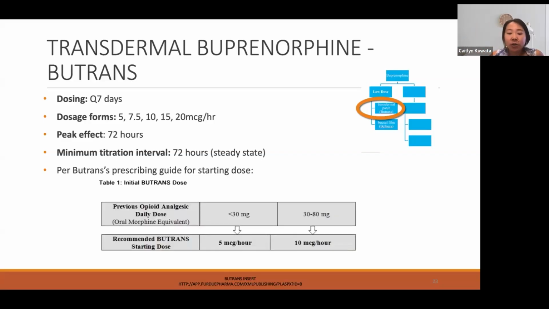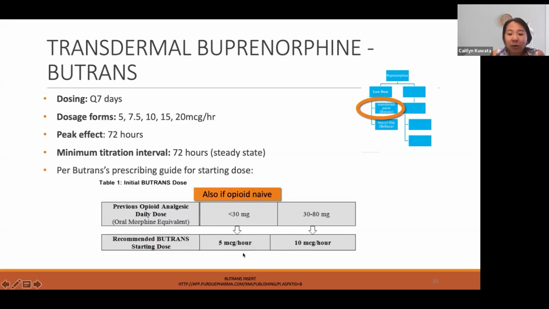And just in terms of the starting dose, and this comes right from the Butrans prescribing guide, if someone is opioid naive or they're using less than 30 oral morphine equivalents, you would want to do 5 micrograms per hour as your starting patch dose. And you can never go wrong, right? In general, going low and slow is to start with the 5 micrograms per hour.